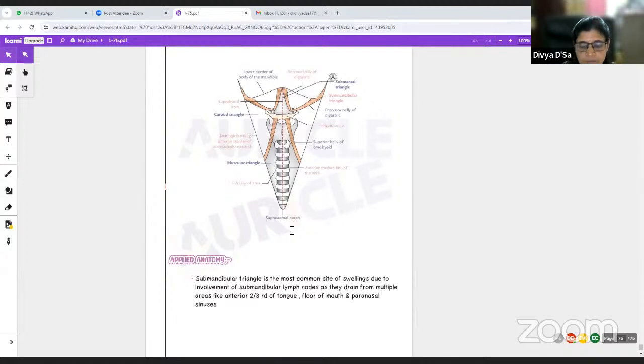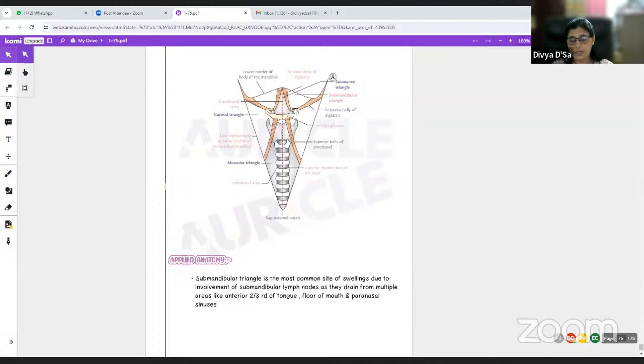The submandibular triangle is otherwise called the digastric triangle. Since the submandibular gland is present, it is also called submandibular. This is the commonest site of swelling due to involvement of the submandibular group of lymph nodes, because they drain most of the area of the face, as well as the anterior 2/3 of the tongue, floor of the mouth, and paranasal sinuses.